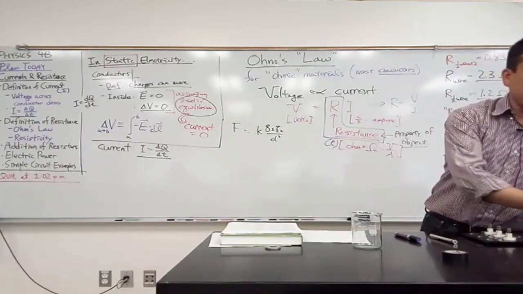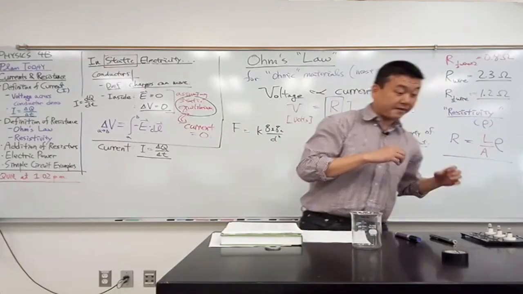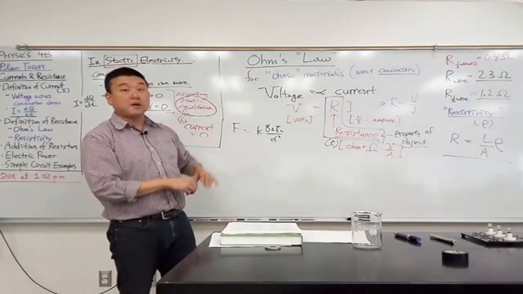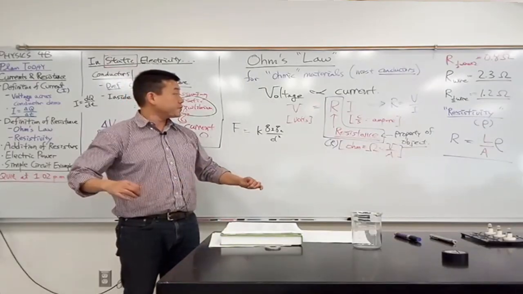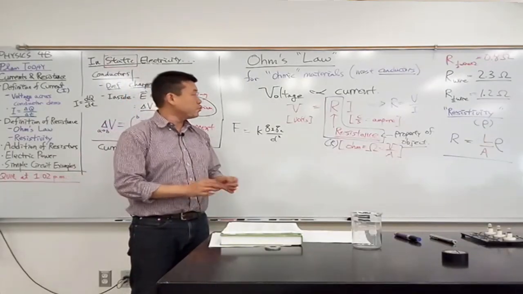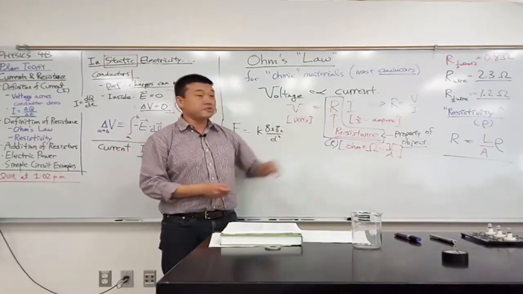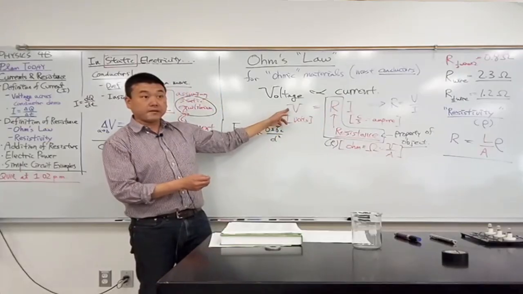Questions? Comments? So this is a pretty simple law, but we are actually going to be using Ohm's law a lot. This is one of the most important laws when you're dealing with circuits. Whenever you know the voltage or current of the circuit, and resistance is usually given as some constant, it lets you figure out the other thing.